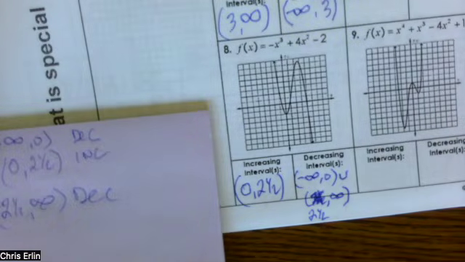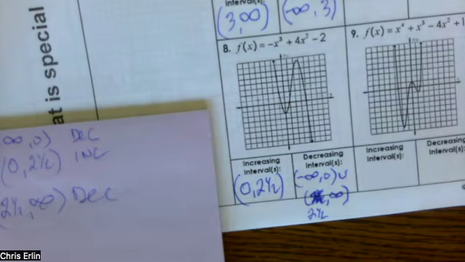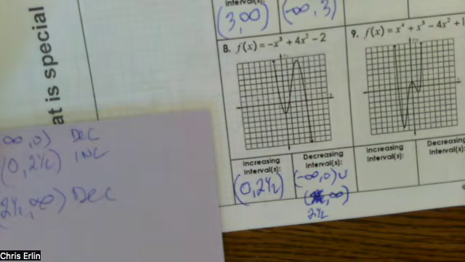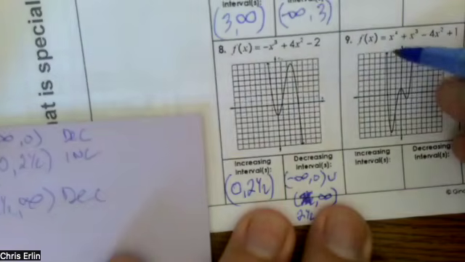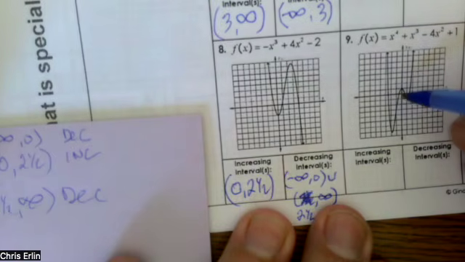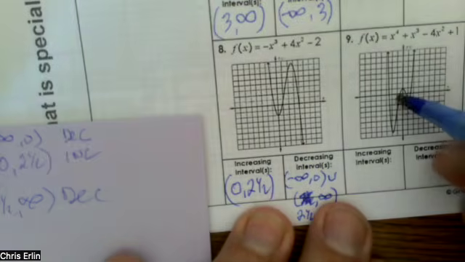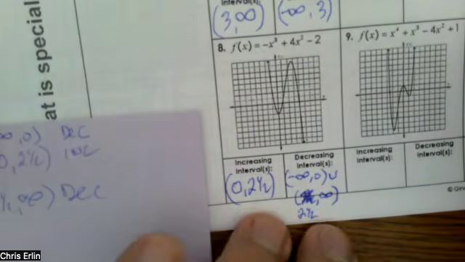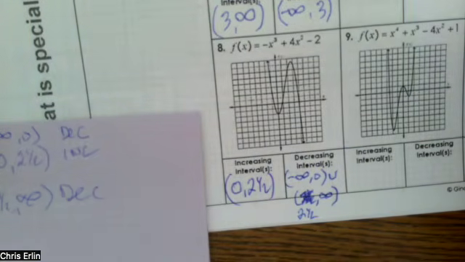Does that help a little bit? Okay, please try number 9 yourselves now. Go. Okay, can I get a volunteer to tell me the first part? Coming from negative infinity down to -2, is that increasing or decreasing? Decreasing.